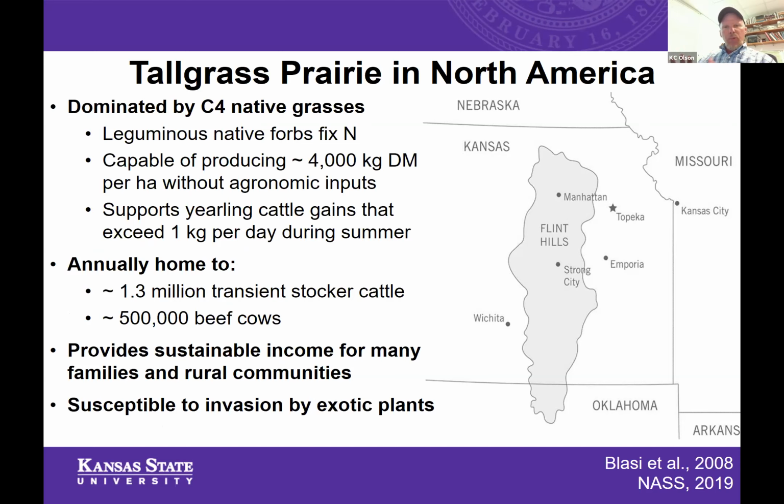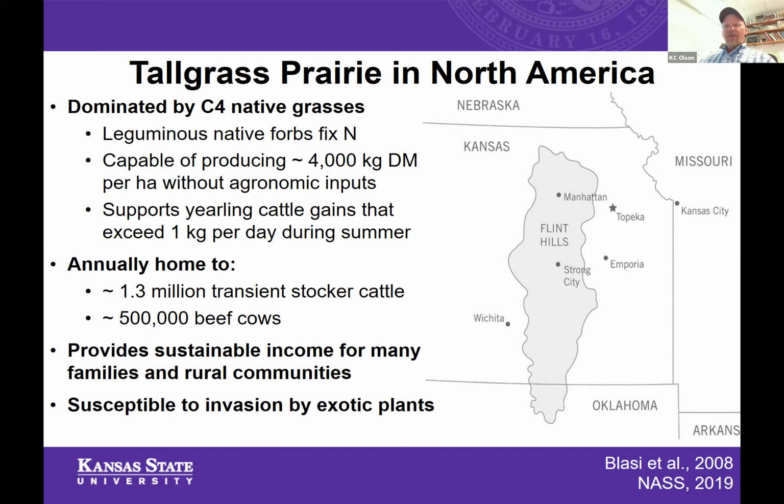And this is more preaching to the choir, but in addition to these ecological benefits, we get a tremendous economic engine that's based on beef cows and stocker cattle. Without any agronomic input, it's capable of producing a couple of tons of dry matter per acre per year, and supporting yearling cattle gains that can exceed 2 to 3 pounds per day.